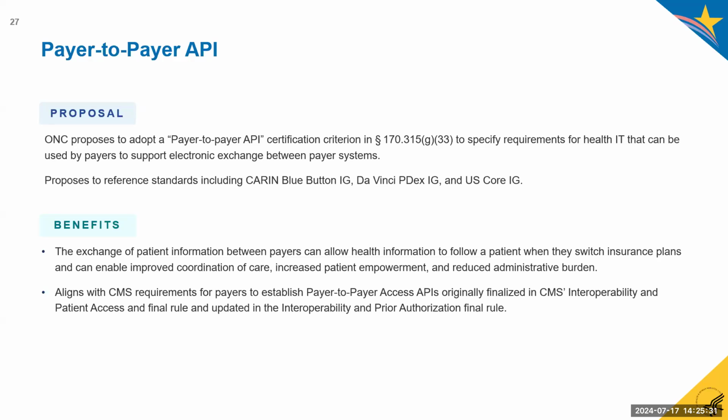This aligns with CMS requirements for payers to establish a payer-to-payer API, which was originally finalized in the CMS interoperability and patient access final rule, but has been updated in the most recent interoperability and prior authorization final rule. Next slide.